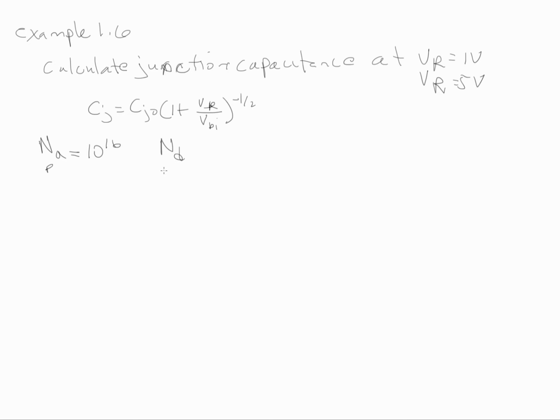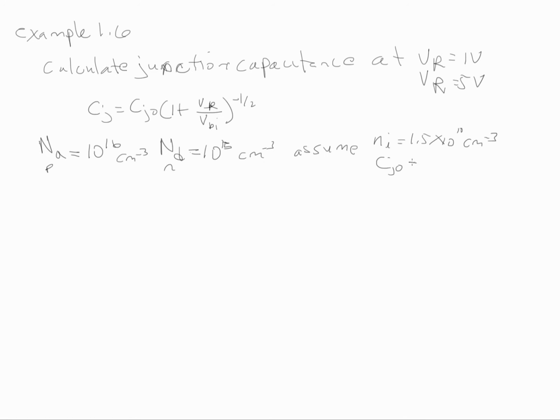Your donor concentration, your n-type, is 10 to the 15th donor atoms per cubic centimeter, like 10 to the 15th phosphorus per cubic centimeter. Since this is at room temperature, assume Ni is 1.5 times 10 to the 10 per cubic centimeter. And they give you that the built-in junction capacitance is 0.5 picofarads.